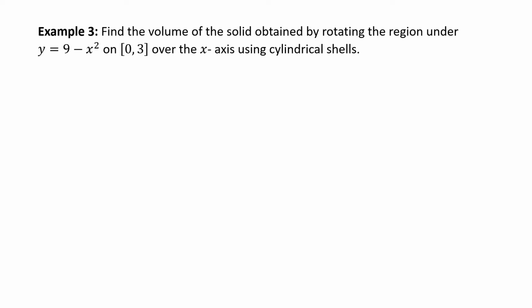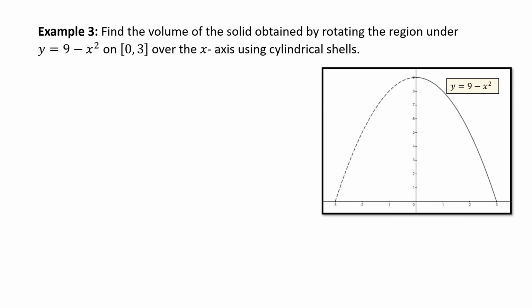Example: find the volume of the solid obtained by rotating the region under y equals 9 minus x squared on the closed interval from 0 to 3 over the x-axis using cylindrical shells. Let's begin this problem by getting a graph of y equals 9 minus x squared from 0 to 3.